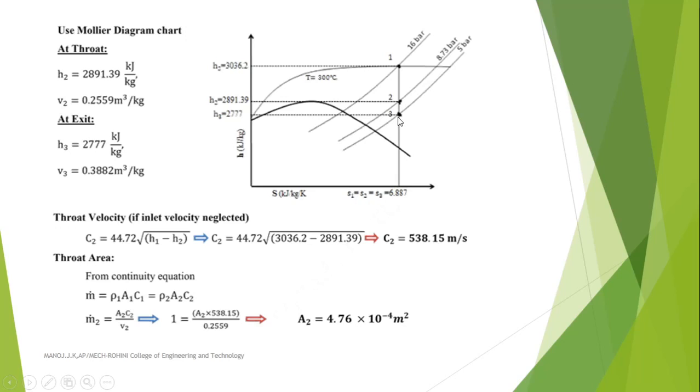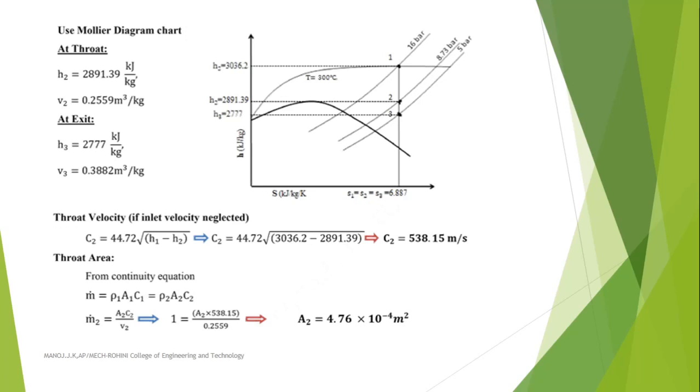From this, you can find the value of H3, which is clearly shown in the Mollier chart. Then from the specific volume line, you can find the value of V3. You can use whichever step is convenient. By using the steam table you can find it, otherwise the Mollier chart is very convenient. It saves your time; within a fraction of a minute, you can take the readings.